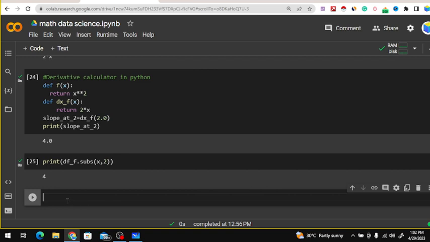Now I am going to plot something here, a 3D figure.